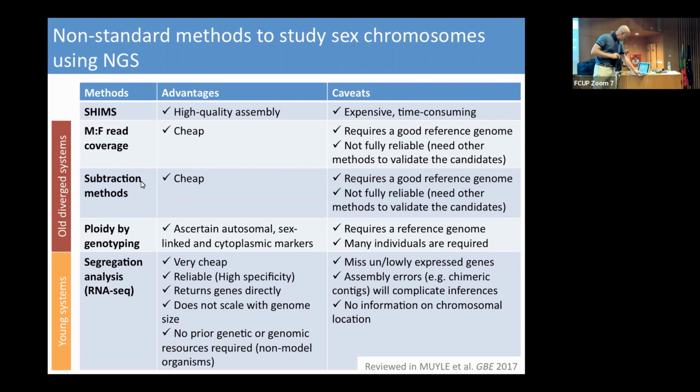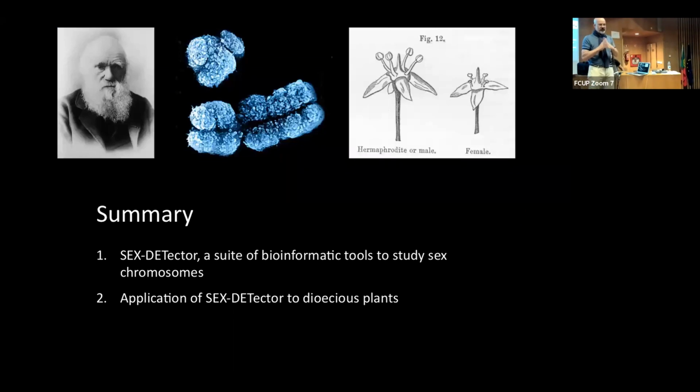I will come back to that list later, but today I will explain the method that we have been developing in my group in Lyon to study sex chromosomes in non-model organisms, and also how we applied those methods to dioecious plants.